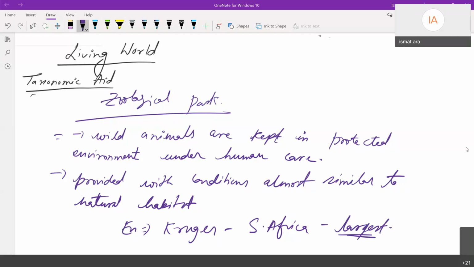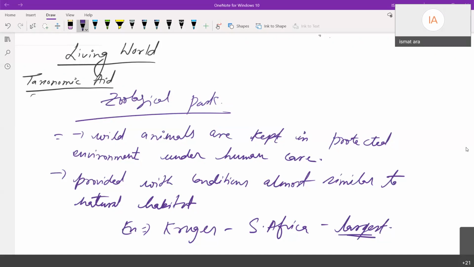If you have ever visited a zoological park, students, when you go to see the camel, you will see that in the land you get desert, because you have to give the natural environment where these animals are present. If you go to the monkey section, there are branches of trees so that monkeys can hang there.